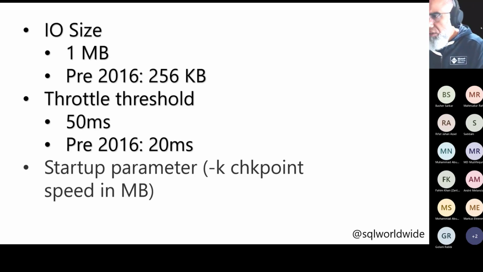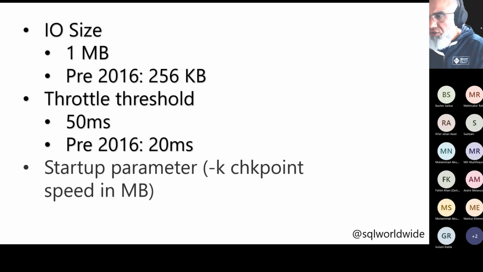There are also startup options. In SQL Server, there are many startup parameters that you can use. One of these is called -K. This is an advanced one, so be careful if you want to use it. This is an instance-level setting, so this will impact all your databases, but this doesn't impact your indirect checkpoints, which we'll talk about.